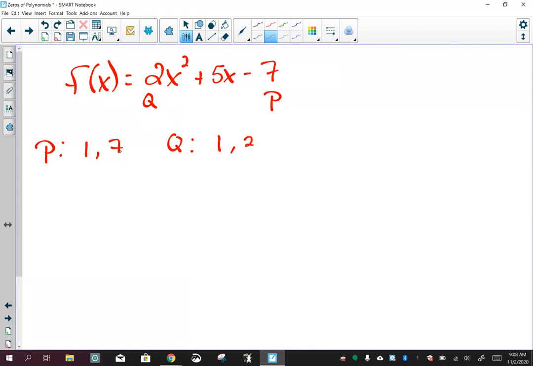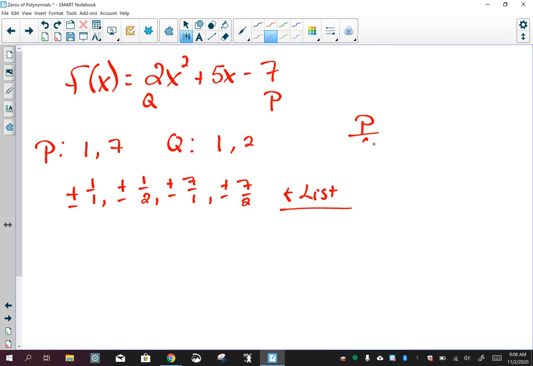So I'm literally going to take my p-values and divide them by q. So I get plus minus 1 divided by 1, plus minus 1 divided by 2, plus minus 7 divided by 1, and plus minus 7 divided by 2. And this is my list. It's P divided by Q, and you're just taking those factors and doing it.